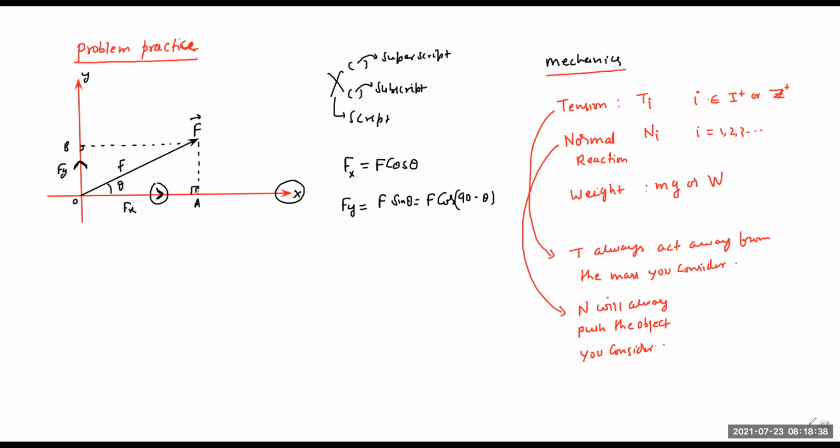Okay, so let's take some example. Imagine we have a ceiling, and then we have two strings. This is the first string, this is the second string, and we make some angles.